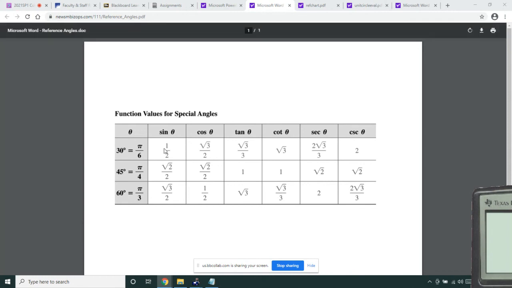I think I missed one. Secant of 30 degrees is 2 square root of 3 over 3. The secant of 210 degrees is negative 2 square root of 3 over 3. So I simply transfer these values to the values for the 210 degrees. The difference is the sign.